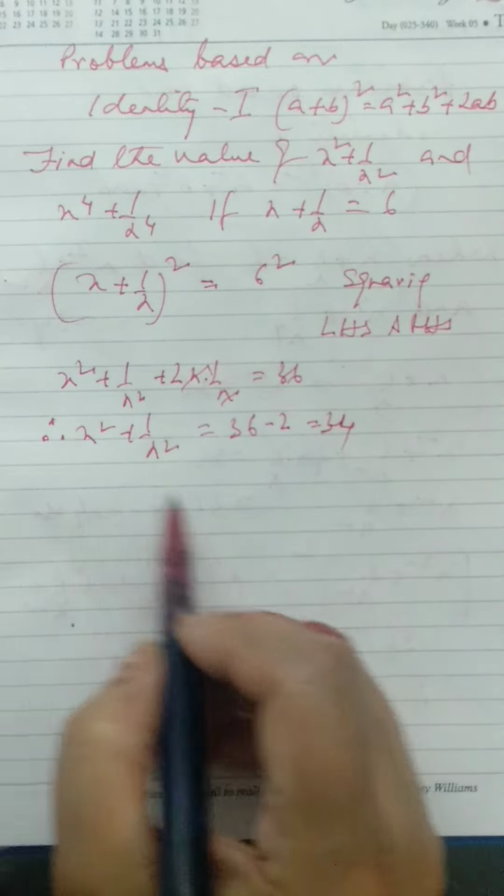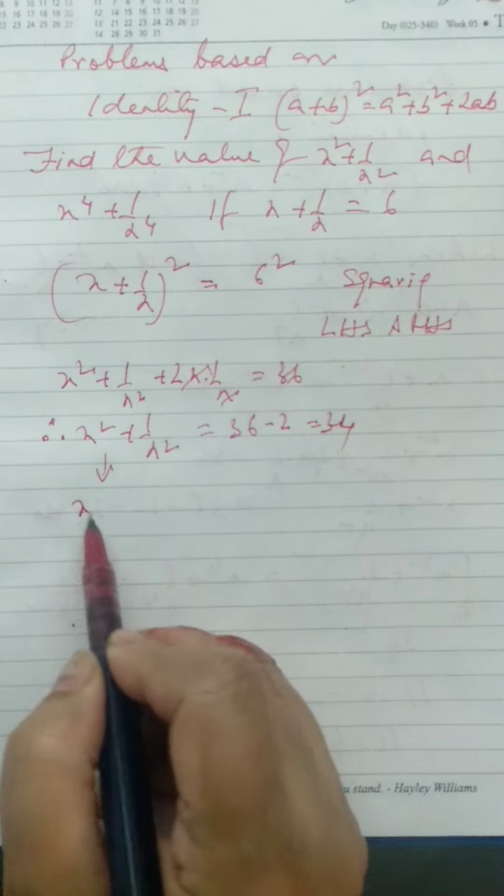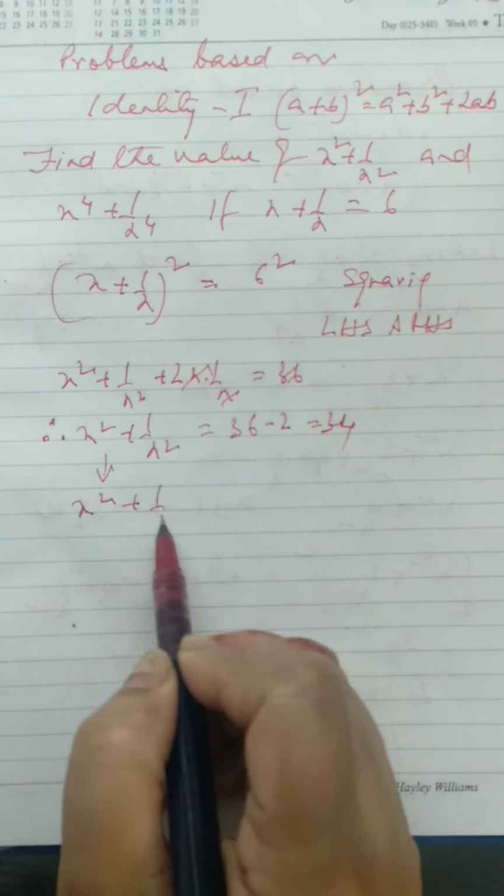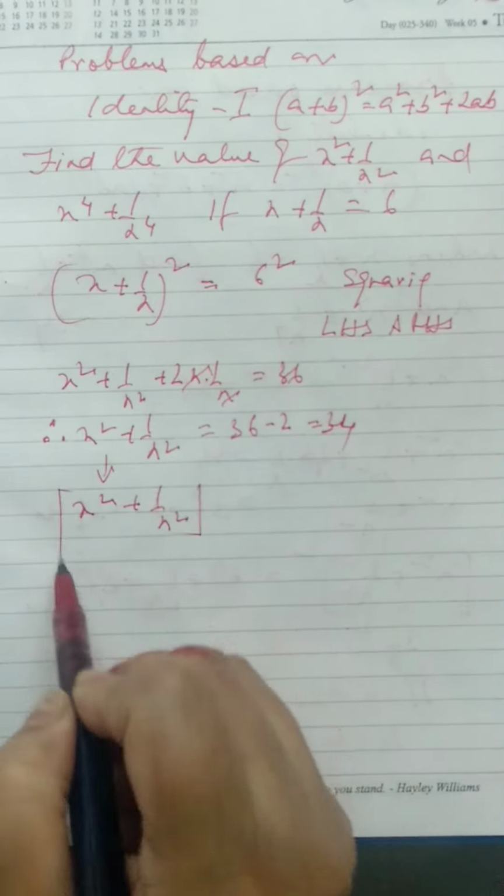Okay. Now, we bring this down the way it is and again square both sides.